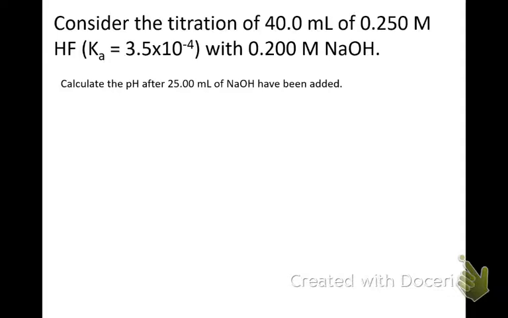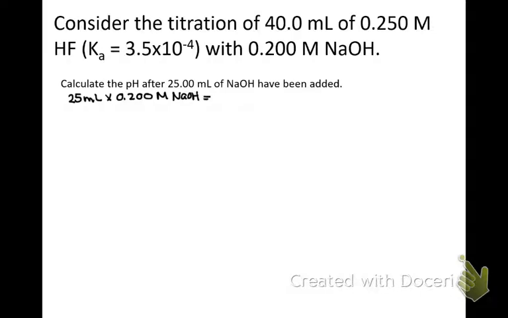So now, new problem, let's calculate the pH after 25 milliliters of NaOH have been added. Okay, so we've got 25 milliliters times 0.200 millimoles per milliliter of NaOH.